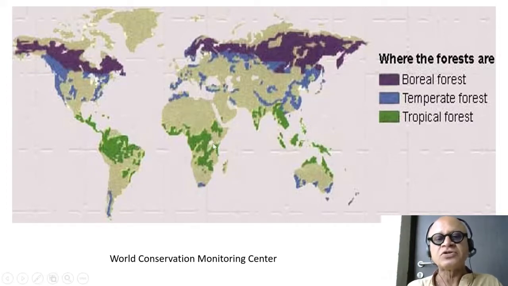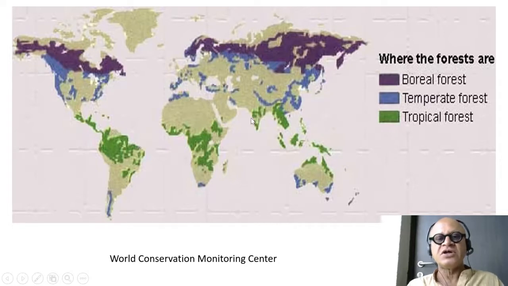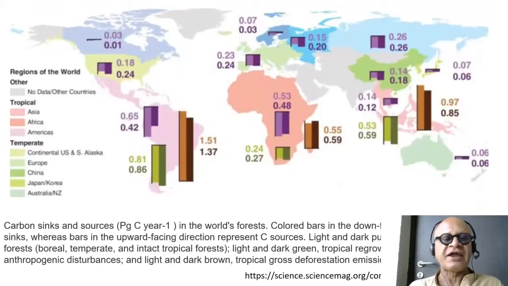So obviously this also kind of captures the climate regimes, temperatures, humidities, precipitation, etc. And the seasonality of these forests changes with climate, as well as the composition of trees and their character.